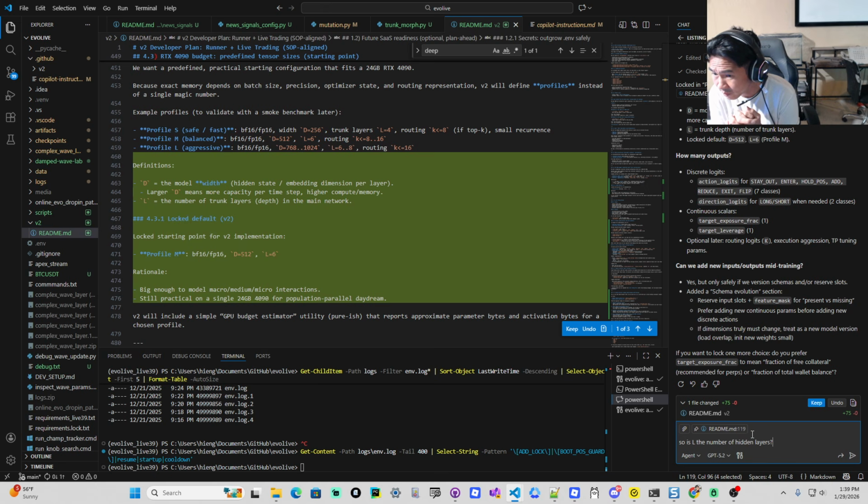Prefer adding new continuous parameters before adding new discrete actions. If the dimensions truly must change, treat it as a new model version, load overlap and start with new weights. Small choice: do you prefer target exposure fraction using the fraction of free collateral, or fraction of total wallet?